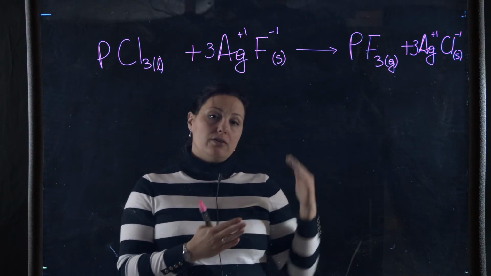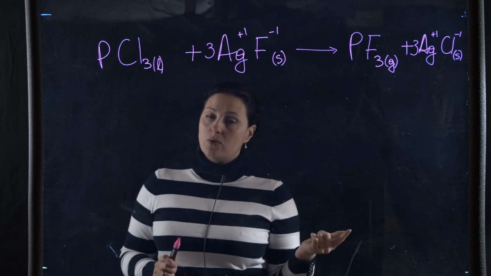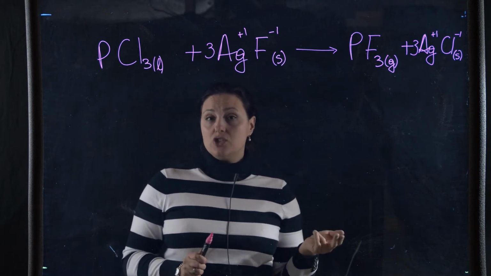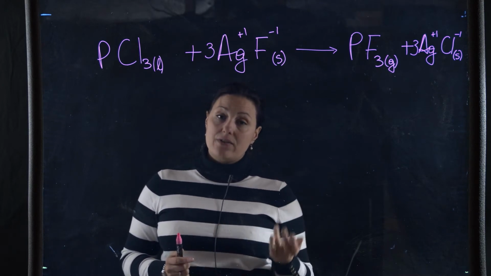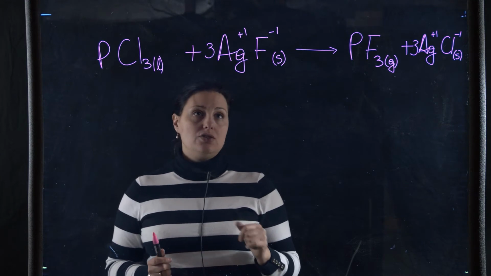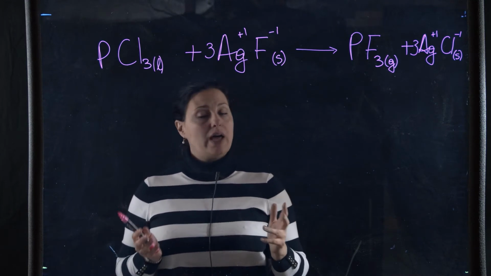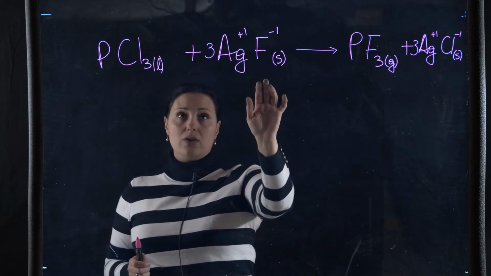Then you have the halides, which are group 7. They always have a -1 charge. Group 6 always has a 2- charge. Group 5, nitrogen and phosphorus, they have a 3- charge, etc., etc. So remember the charges and the names, because otherwise you will not be able to write neutral compounds.